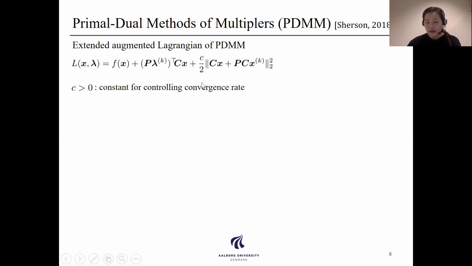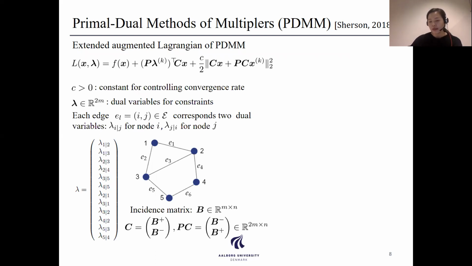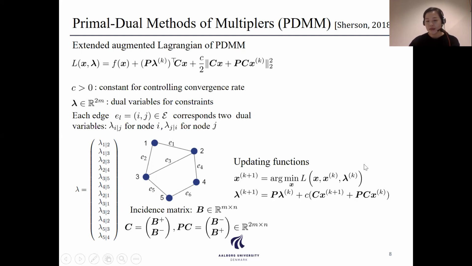C is the constant for controlling the convergence rate, and lambda is the dual variable, and for each edge we have 2 dual variables. This is why the dimension of lambda is twice the number of edges. And here C and PC matrix correspond to the incidence matrix B of the graph. Overall, we need this updating function to update x and lambda.